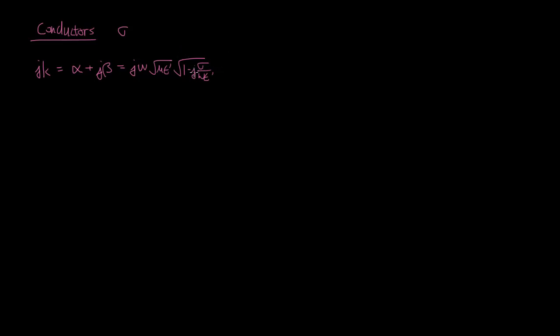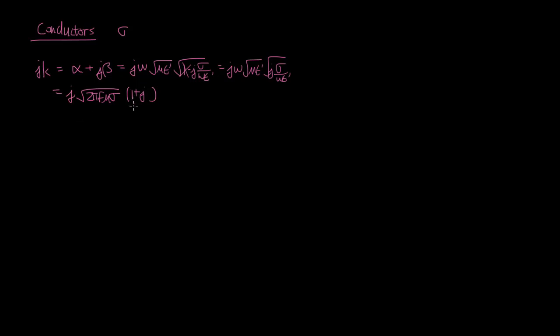And if sigma is large, that means we can disregard the 1, since this term is going to be much larger than 1, since sigma is a lot larger than omega epsilon prime. And so you're left with j omega square root of mu epsilon prime times the square root of j sigma over omega epsilon prime. And that is going to give you just a single complex number, square root of 2 pi f mu sigma times 1 plus j.